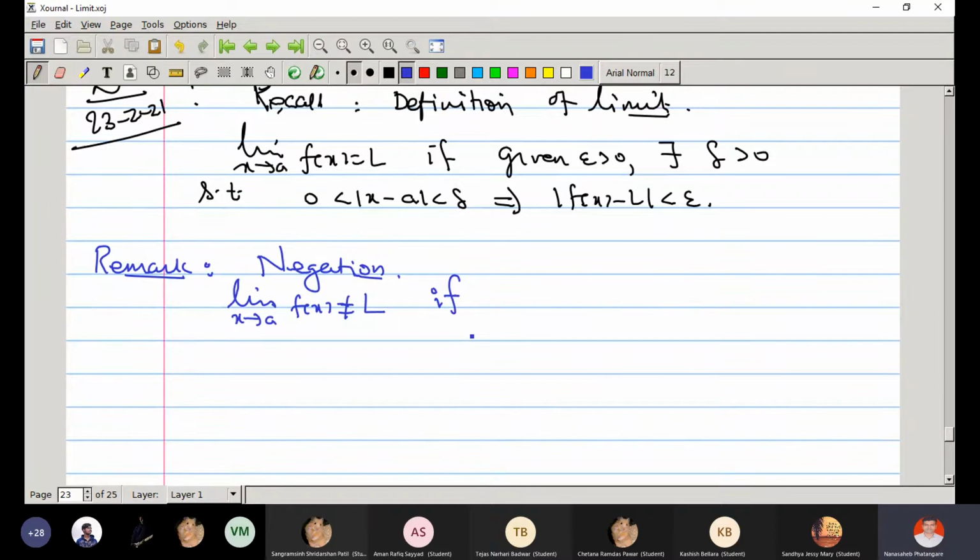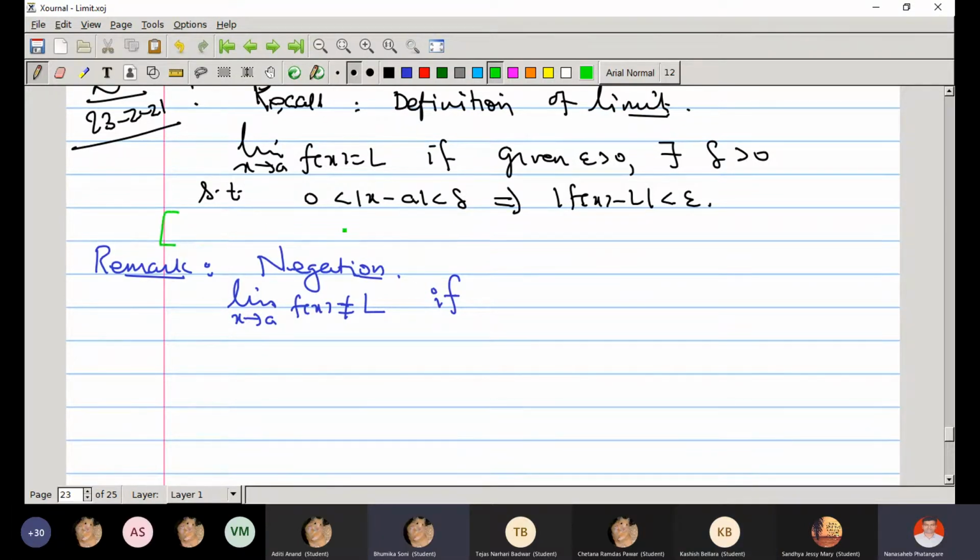How will you write down the negation? If |f(x) - L| is not less than epsilon, for which epsilon? If for a given epsilon there exists a delta greater than 0 such that 0 < |x - a| < delta, but |f(x) - L| is greater than epsilon.